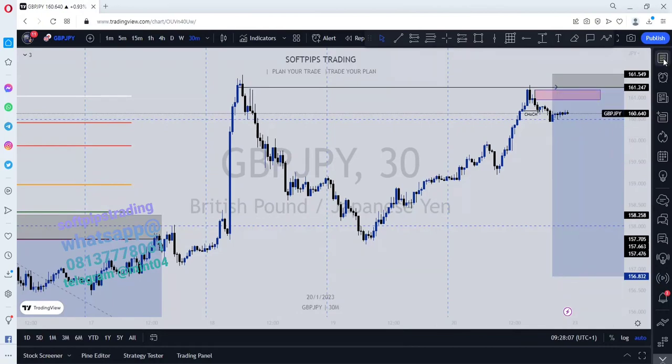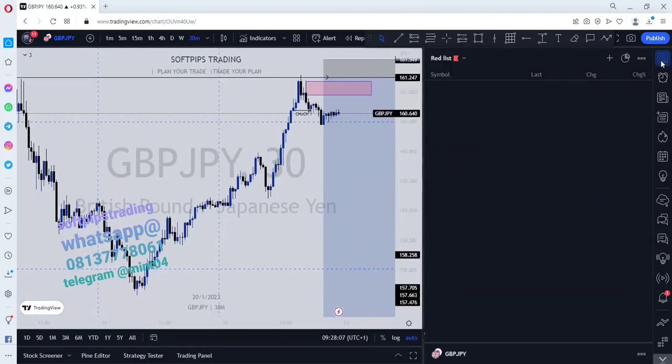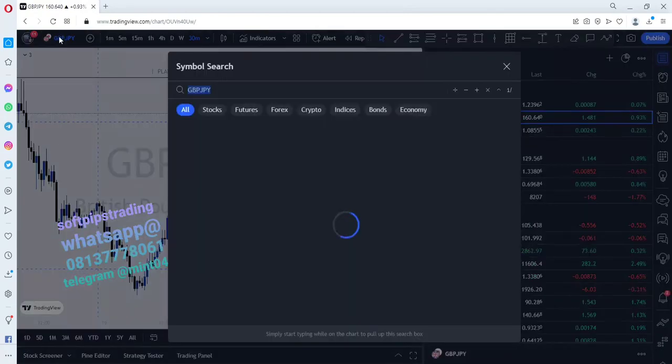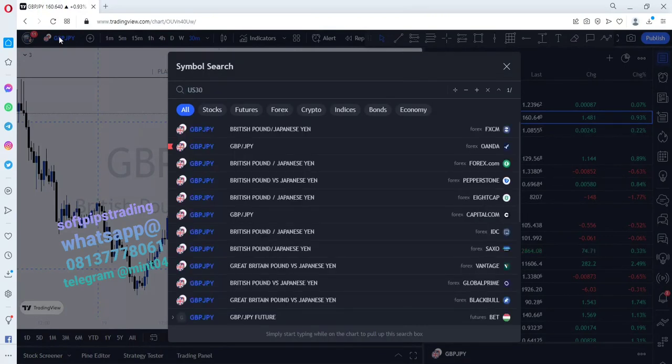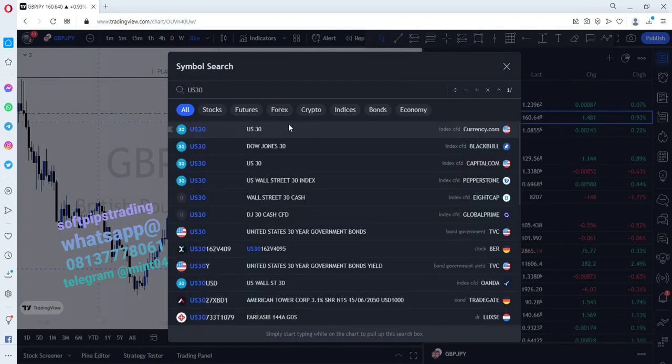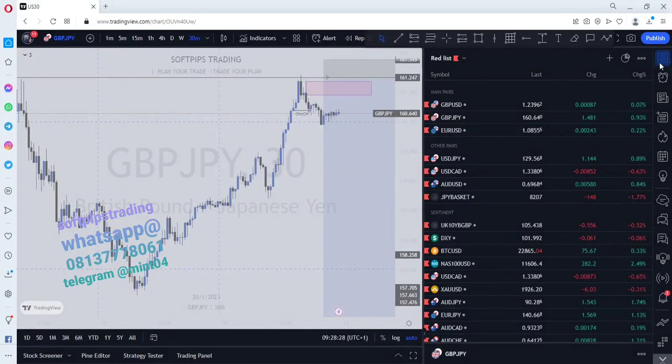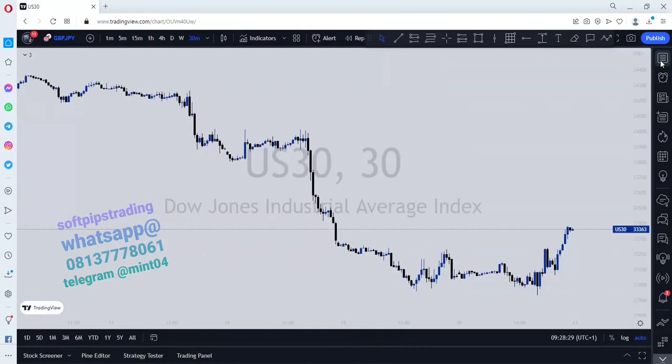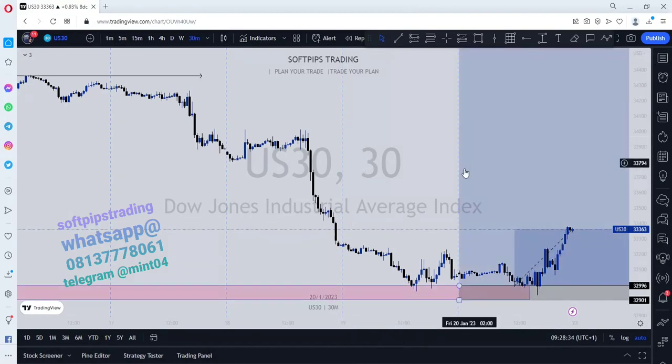Then I added a new pair to our list, US30. I picked a buy on it, though I'm still holding. We'll be holding till probably the end of March.